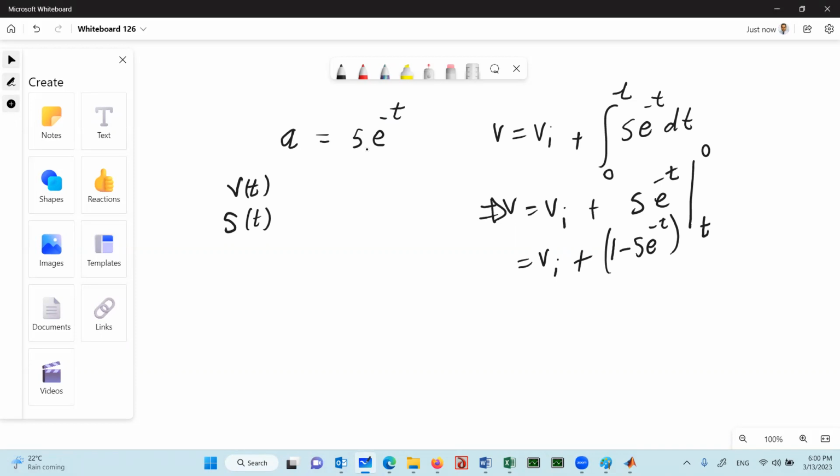Now, to find s, we need to integrate this term further: integration of vi on t from 0 to t, plus integration of 5 times (1 minus e minus t), from 0 to t.